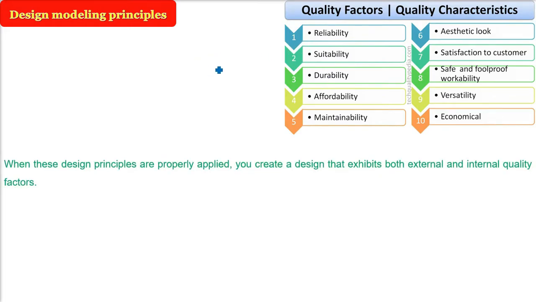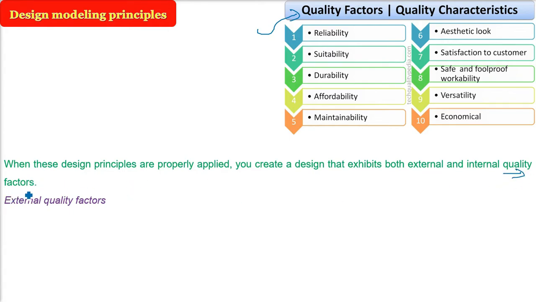Quality. Whatever object or stuff you take from the market, everything makes a difference with quality. So when we are talking about design principles, if they are properly applied, a good design should exhibit both external and internal quality factors. So quality can be external, quality can be internal.